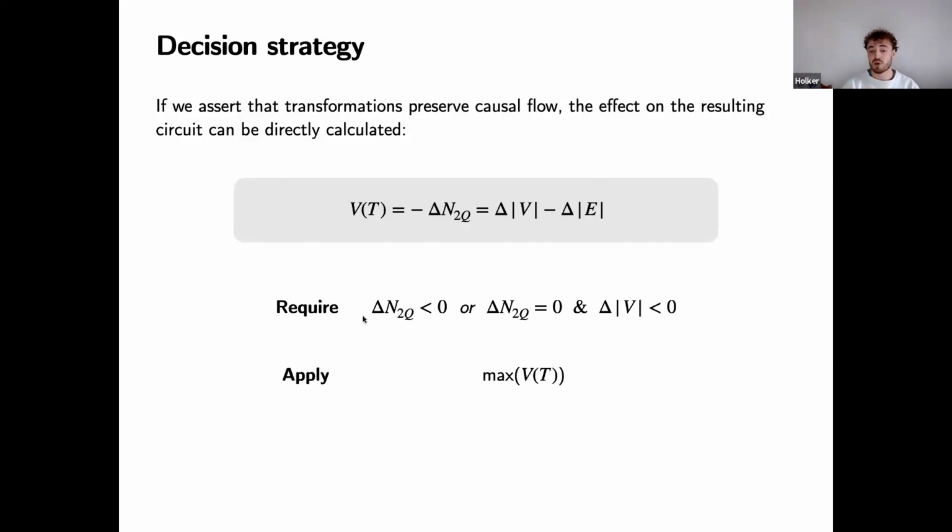So instead we require that the transformation either reduces the number of two-qubit gates, or if it maintains the number of two-qubit gates, then it reduces the number of vertices, as reducing the number of vertices would simply reduce the number of Hadamard gates. This then results in a terminating algorithm if we only apply these transformations. And in this, we always apply the transformation which reduces the number of two-qubit gates the most.